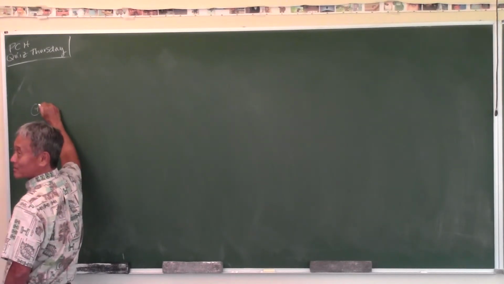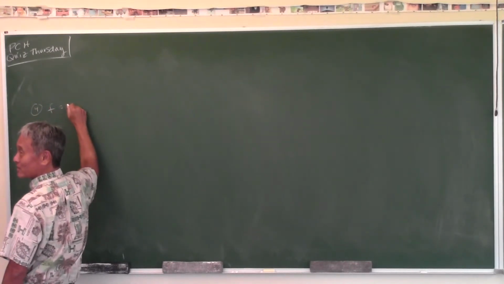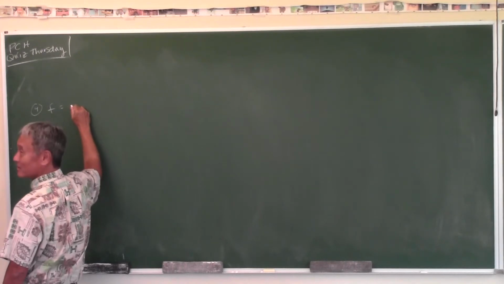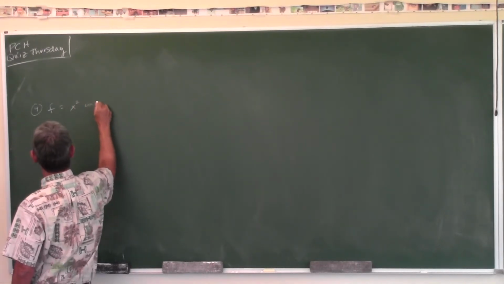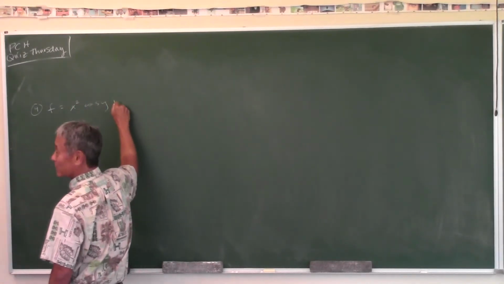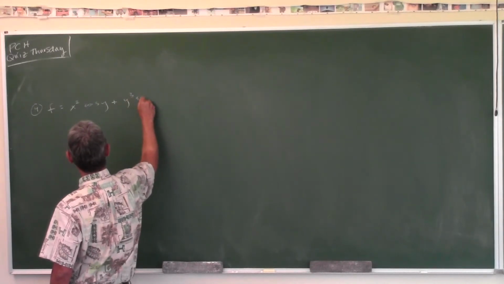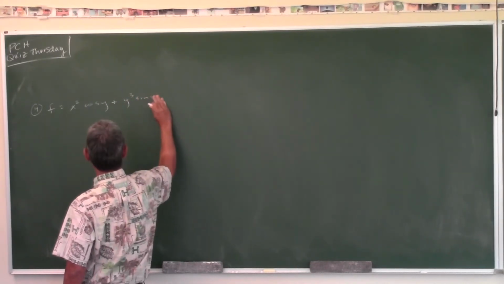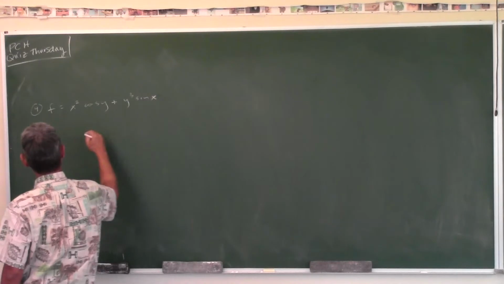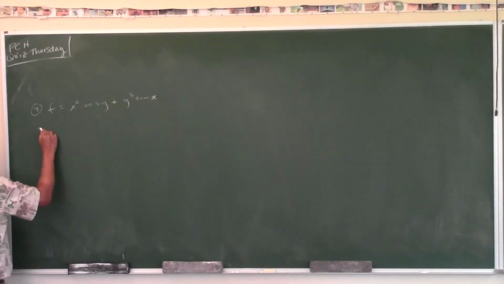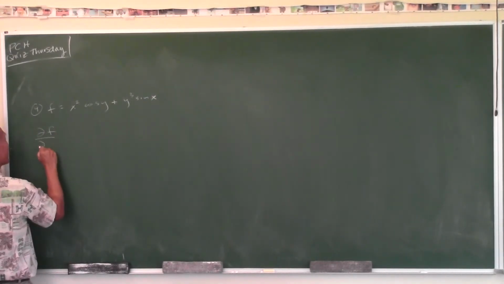Number 4. So we have a function of x and y, which you can think of as z if you want to. x squared cosine y plus y cubed sine x. So what is the partial of f with respect to x first of all?